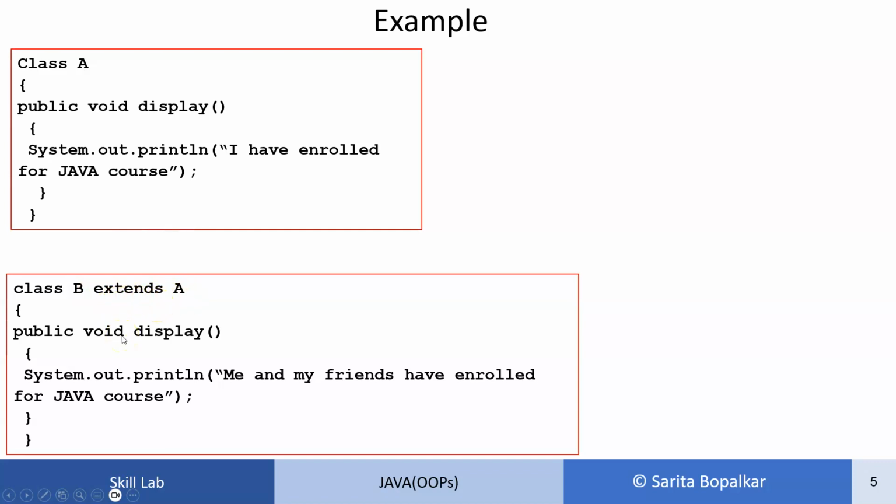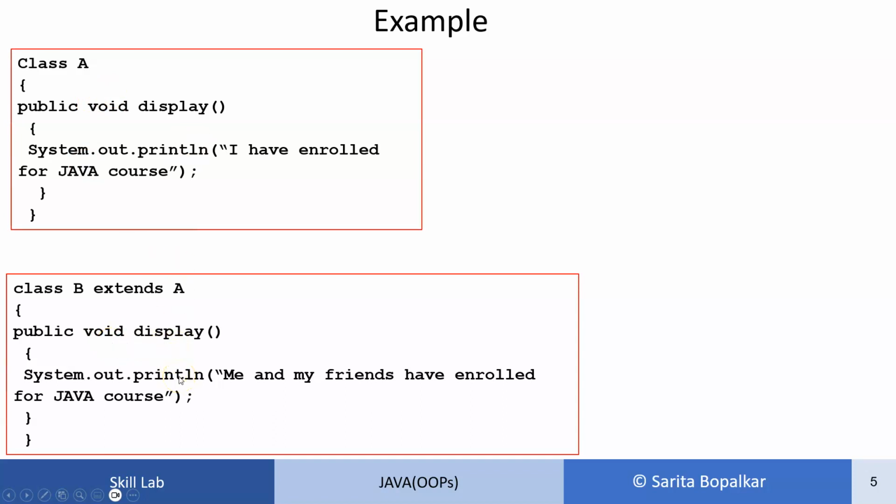Within that we implement the same display method, which was implemented in the superclass class A, in another way. That means our message is different here: Me and my friends have enrolled for Java course. So the method name, return type, everything in the signature of this method is the same in the superclass and subclass; only the implementation is different.